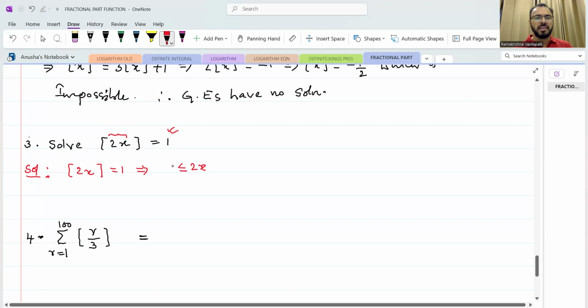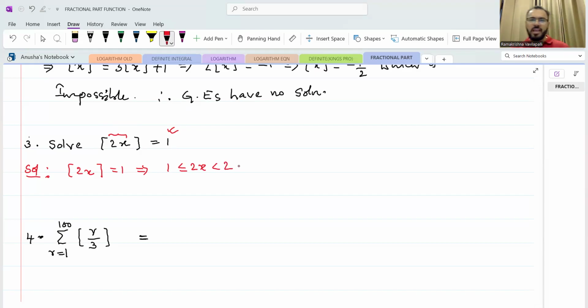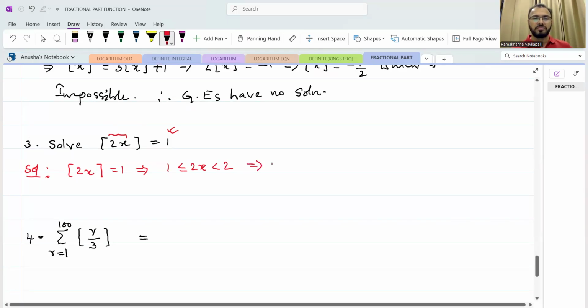You start with the given integer and go to the next integer. That's it, over. If they have given right side 2, 2 to 3. If they have given right side 4, 4 to 5. If they have given minus 4, minus 4 to minus 3, like that. Now divide by 2: 1 by 2 less than or equal to x less than 1.